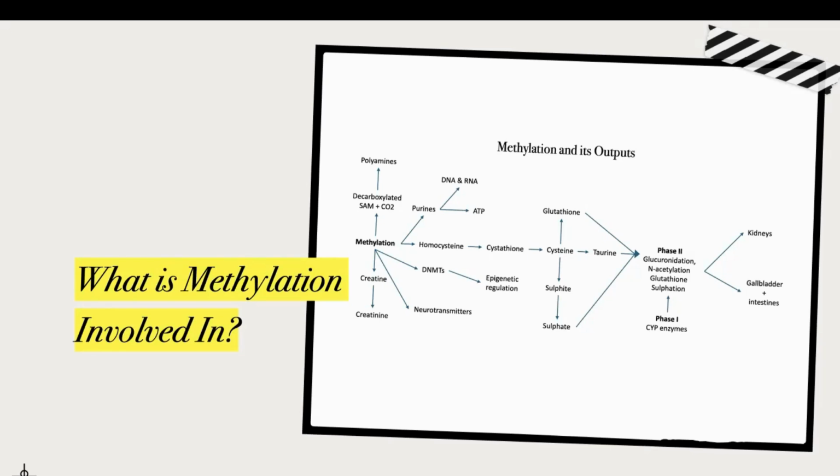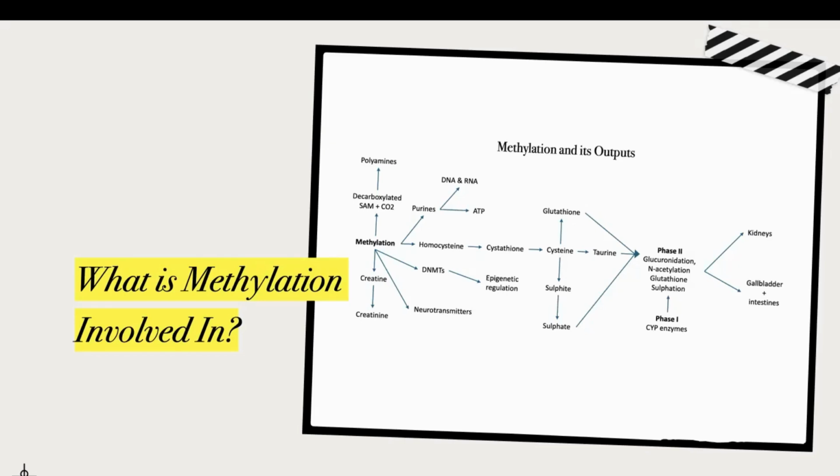And then this other really important thing here, we've got homocysteine converted to cystathionine and then cysteine, and this fuels glutathione, sulfate, and taurine. Now, these are all detoxification pathways that take place within our cells and especially within the liver.